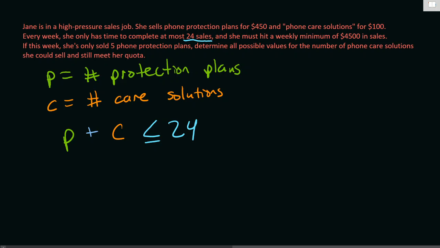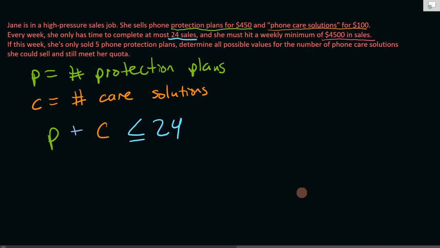Now we also have all this money business. The phone protection plans are $450 and the phone care solutions are $100. And they have to total $4,500 minimum. So minimum means greater than or equal to.